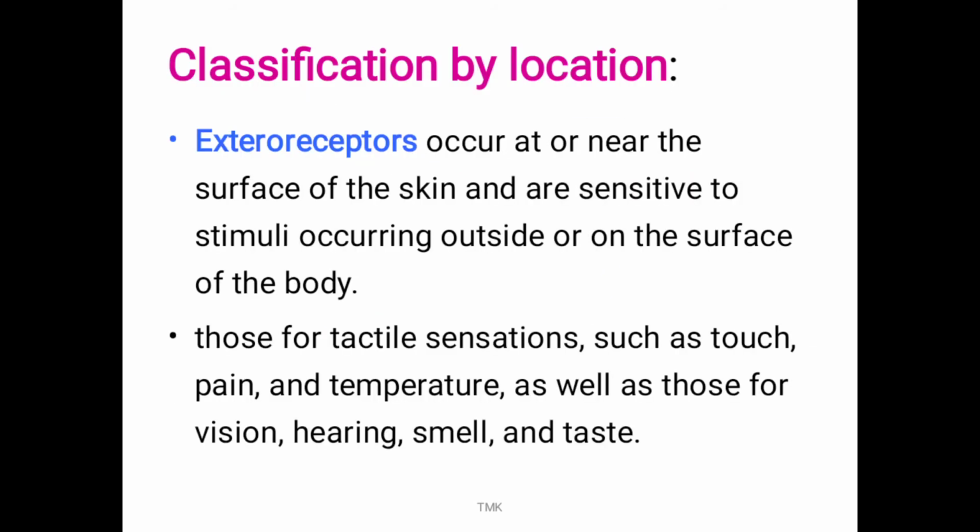At first, we can discuss the sensory receptors based on the classification of location. The first one is exteroreceptors.